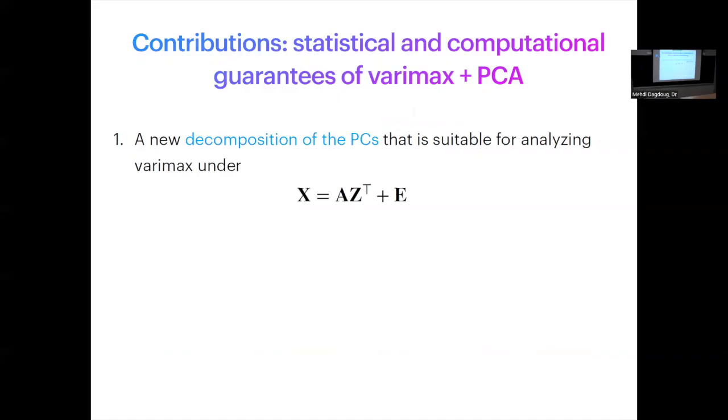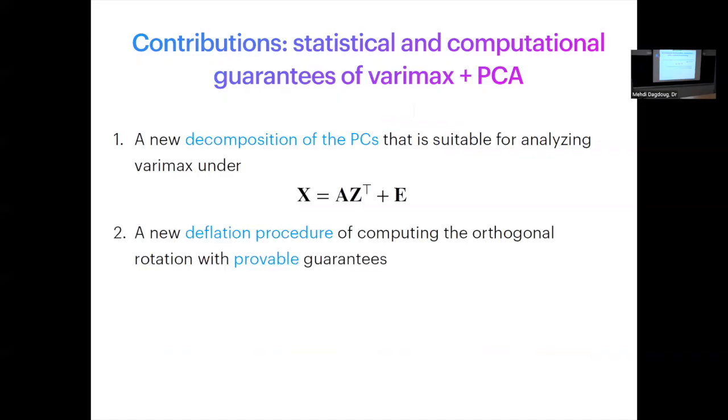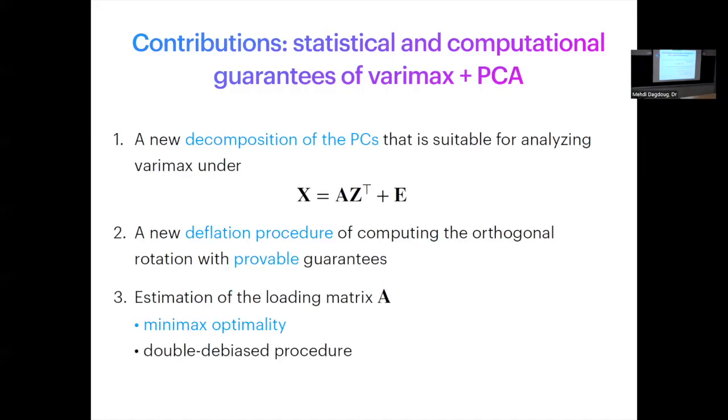For this, we give a new decomposition of the principal components under this model. The second step is to understand what varimax does when applied to those principal components. So we design a new deflation procedure for computing those orthogonal matrices, and more importantly, it has provable guarantees. This is the main difference from the existing literature.